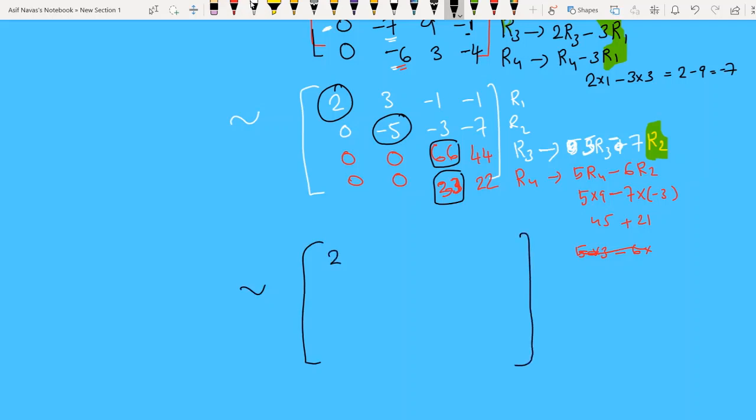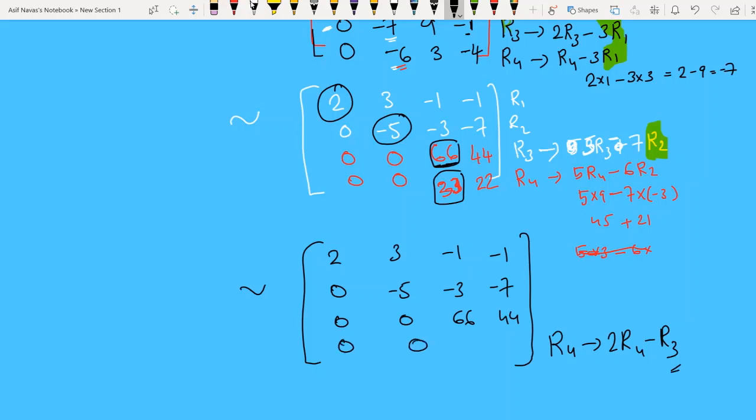So we will write all pivot rows as they are: minus 7, 0, 0, 66, 44. And what is R4? We want to make this R4 minus R3. We have the third pivot, so we will use the third row. So what will happen here? 0, 0, 0, 0.